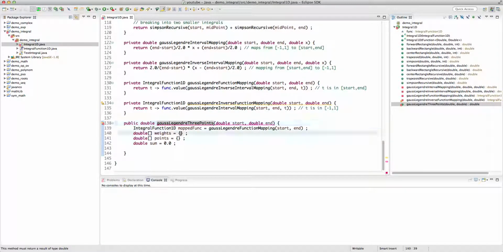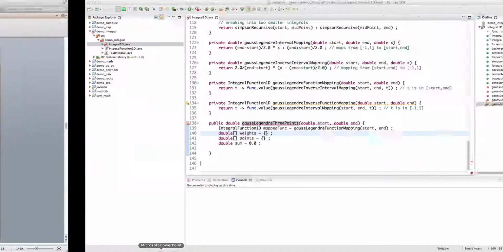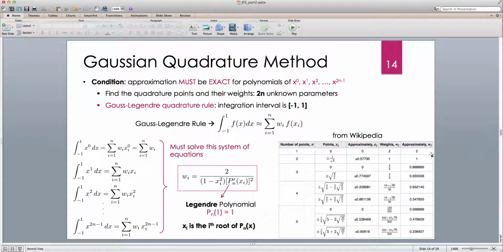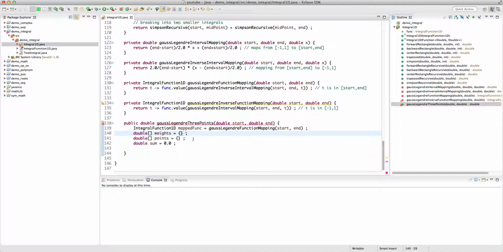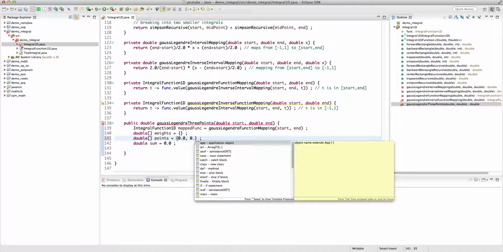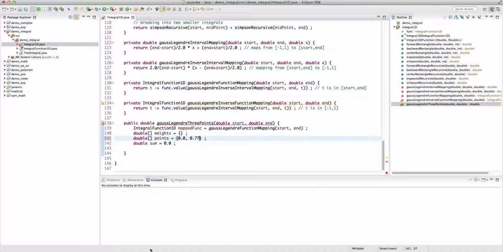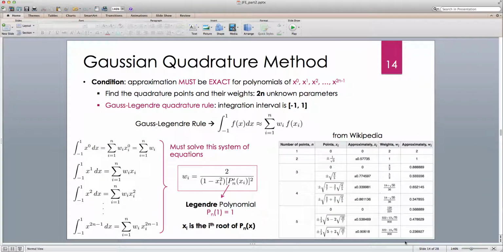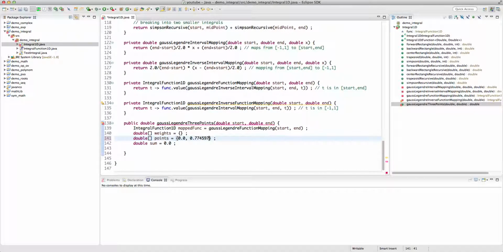So we want to implement the 3-point Gauss-Legendre, and the points for the 3 points are 0 and plus minus square root of 3 over 5, which is 0.774597. Okay, so the points are 0 and 0.774597 and the negative of this.